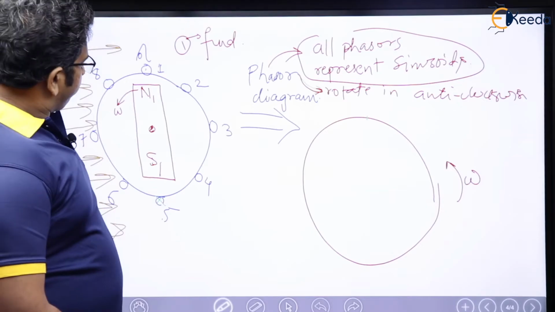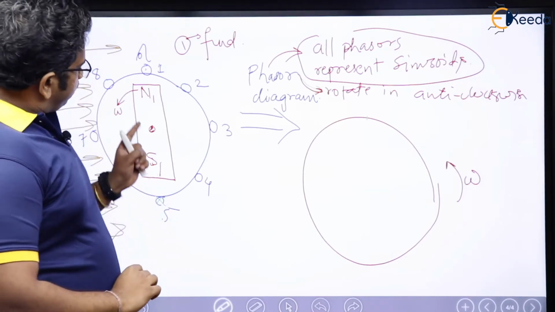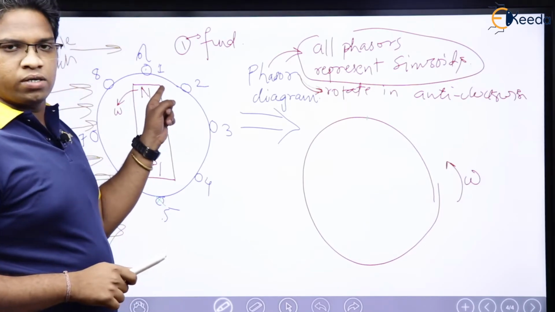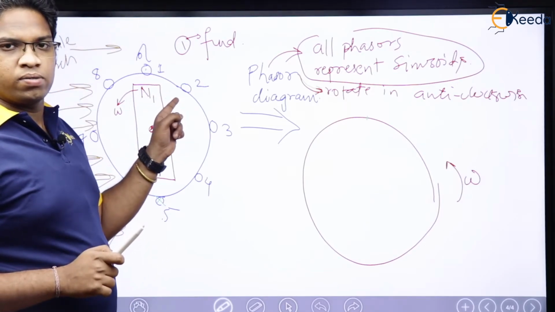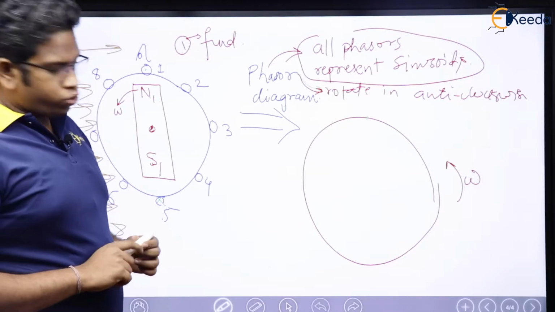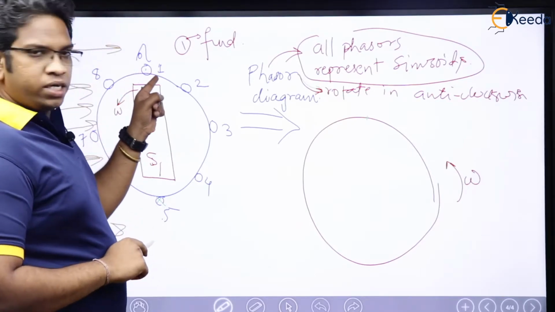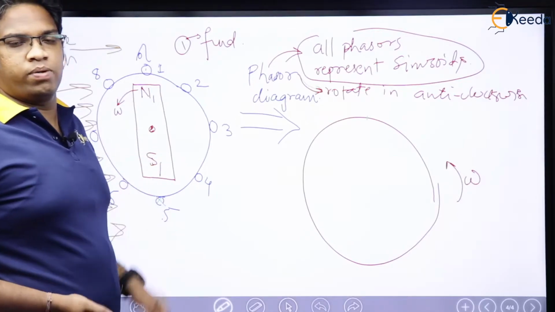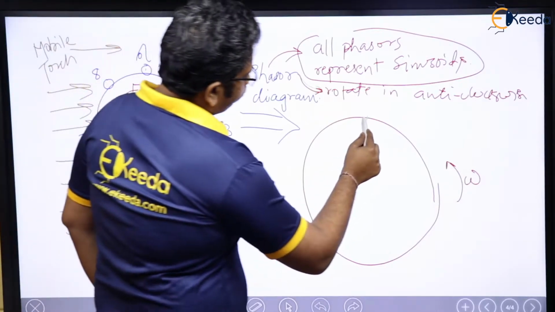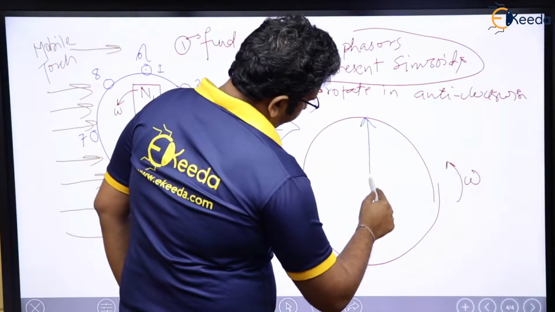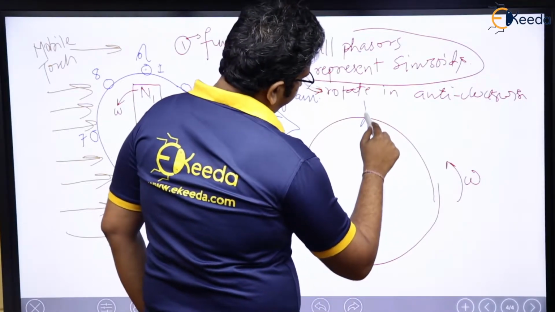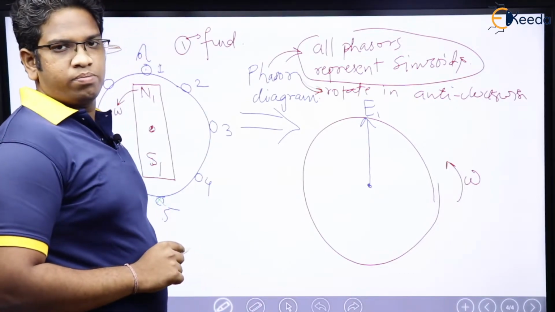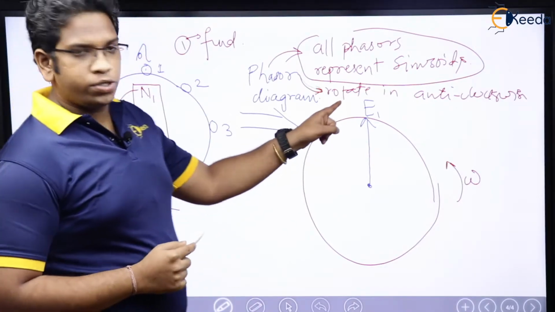Now please tell me, what will be the induced EMF E1 in the first conductor? Here is it a dot? Yes, it is a dot, which means it is going to be positive maximum. So E1 is going to be along the center of the circle, positive maximum.